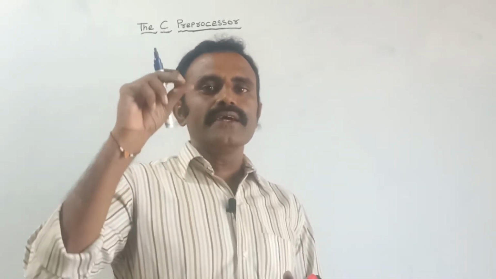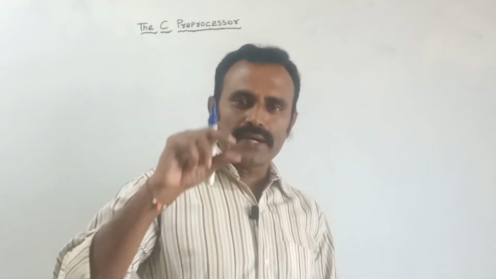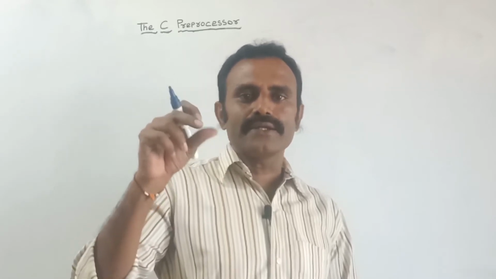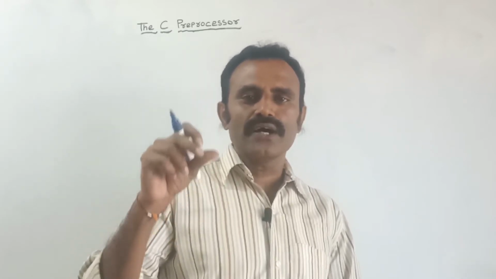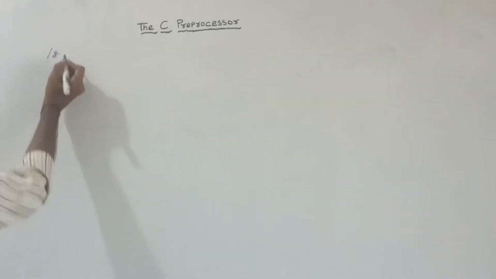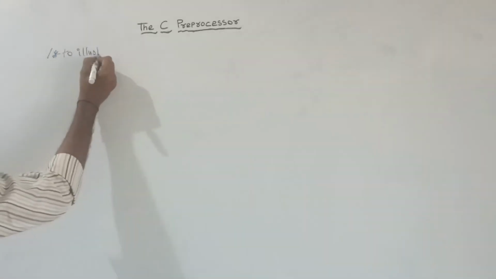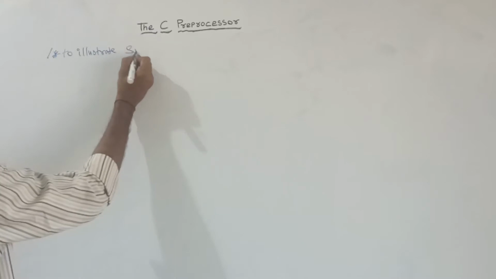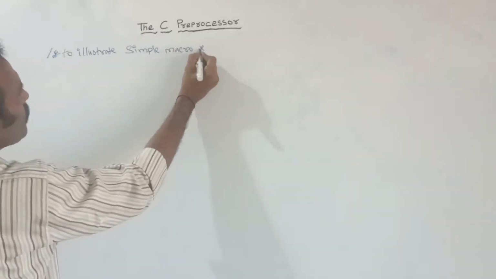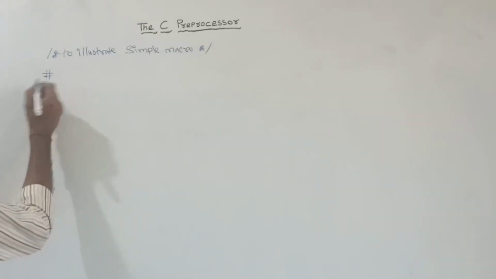By using the simple macro, we are going to define the pi value, and we are including the macro template inside our source code, and let us see how it works. This program is used to illustrate the simple macro. Here very first, as usual, header files.